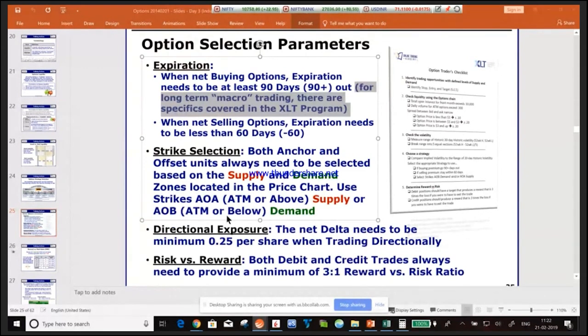Remember, at the money or above supply, at the money or below demand. Is it clear? That's how the strike selection needs to be done.